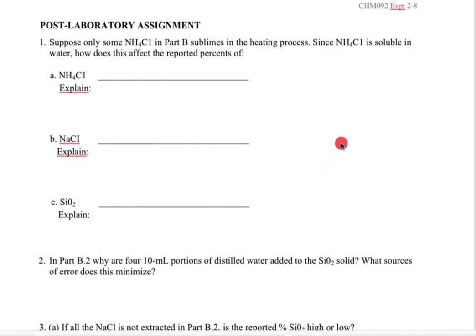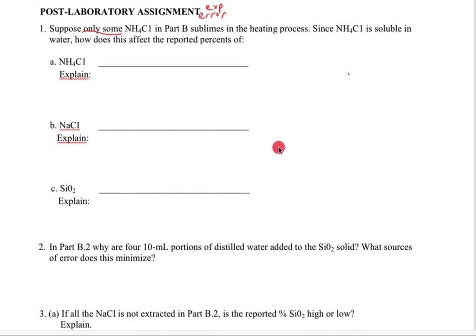And then for the post-lab questions, this one is dealing with if an error is made. This would be an experimental error. If that error is made, how's that going to affect the calculation for the percentages of the 3 different samples in the context of the experiment?